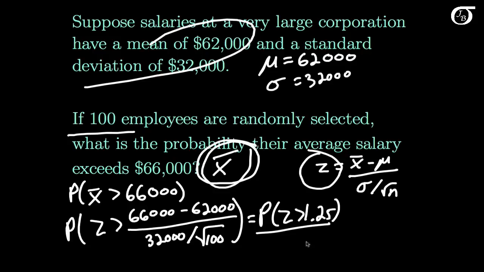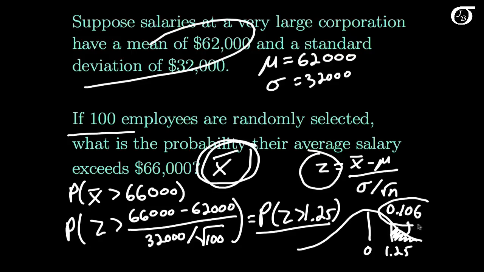And so for this probability, we're going to go to our normal curve. Here's 0, 1.25 is over here somewhere, and if we look that up using software or a table, we'd see that that is 0.106. So the central limit theorem has allowed me to say that this probability here is approximately 0.106, even though we didn't know the distribution from which we were sampling.